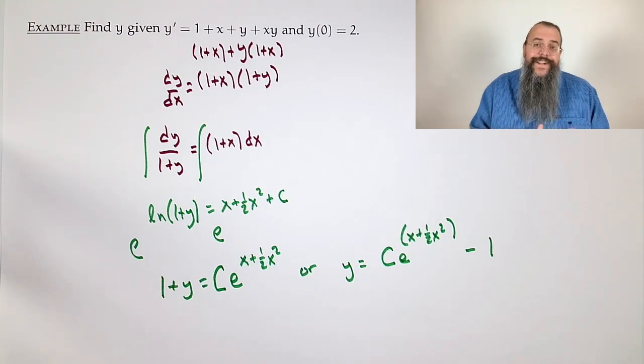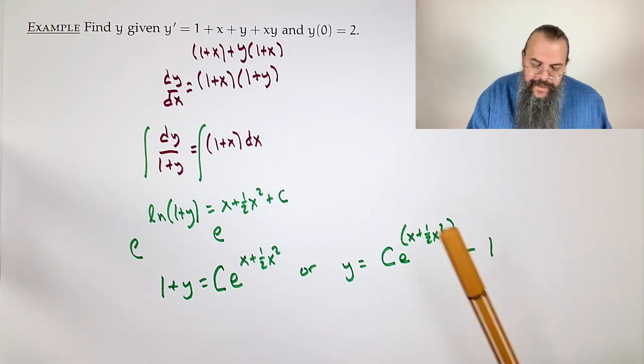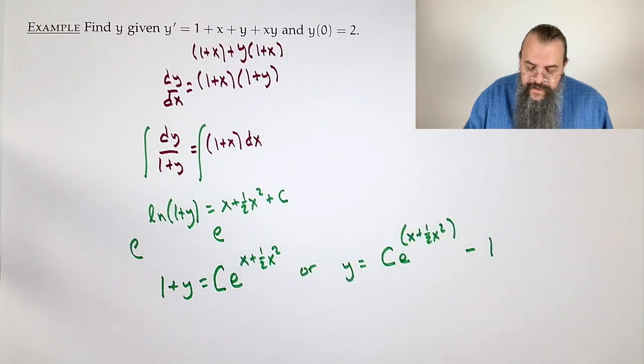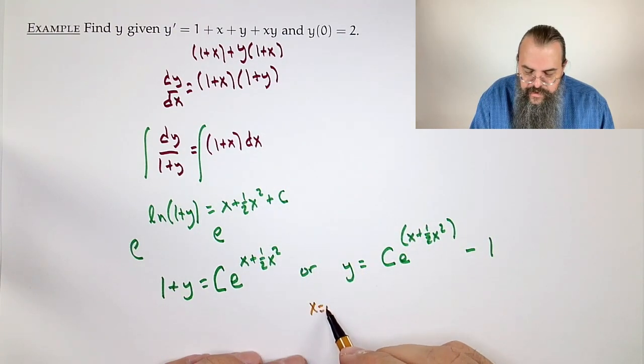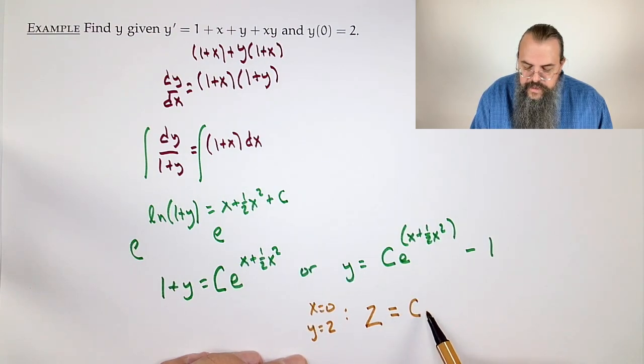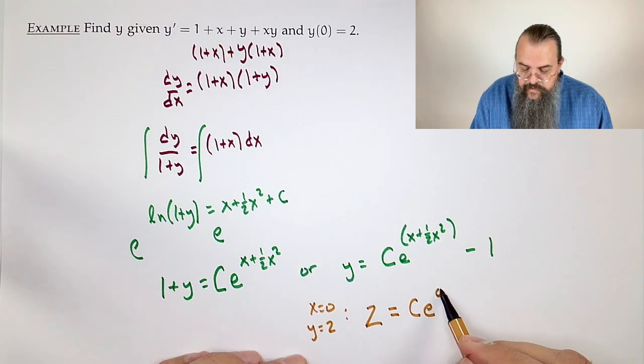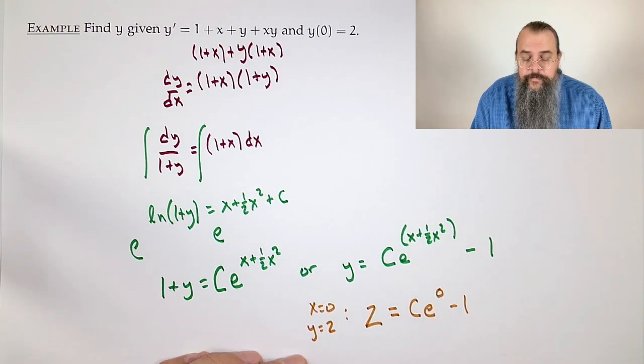All right, now we're not done because we need to solve for c. And we sort of hummed and said, it's not looking great. Well, we've got to bite the bullet at some point, so let's do it now. So we have that when x equals 0, y equals 2. So 2 is equal to some constant c, e to the 0 plus a half times 0 squared, which is 0, minus 1.